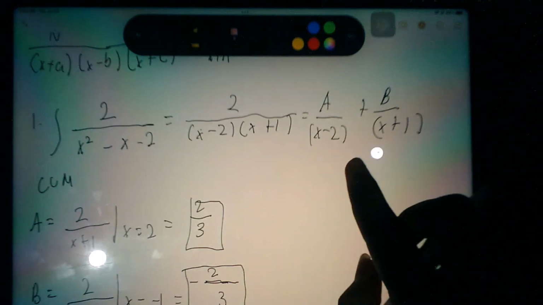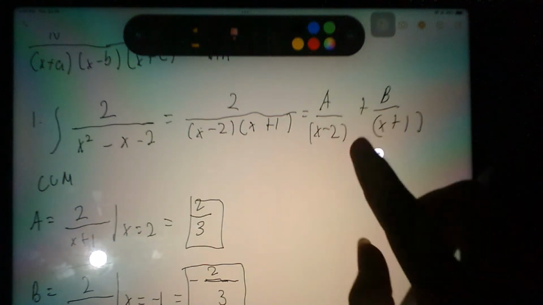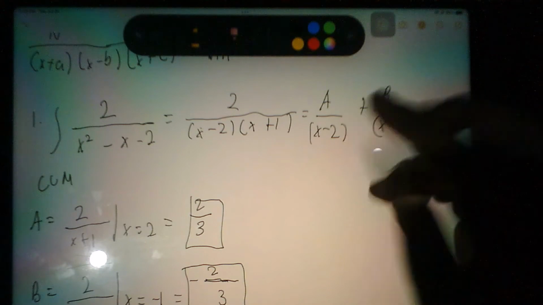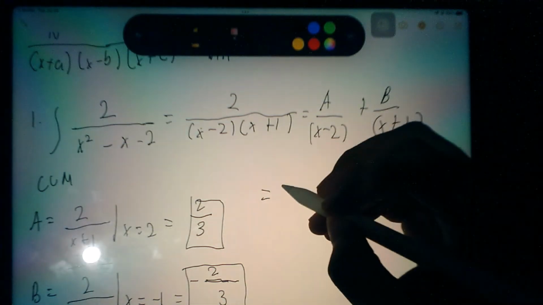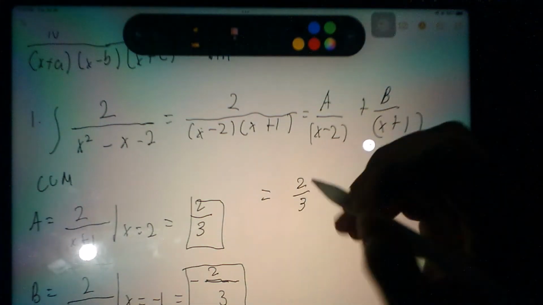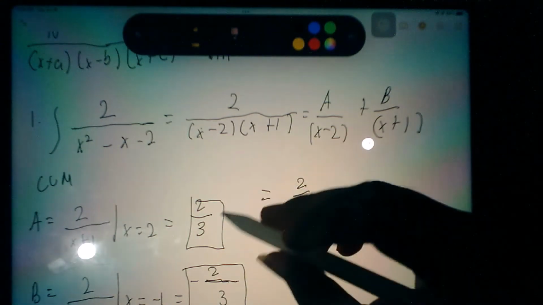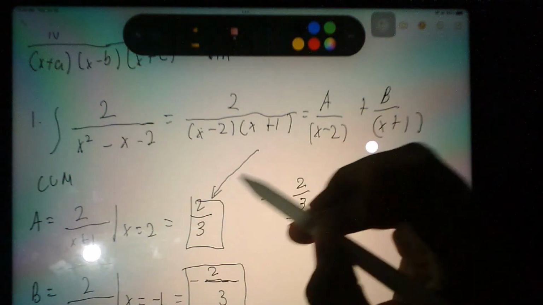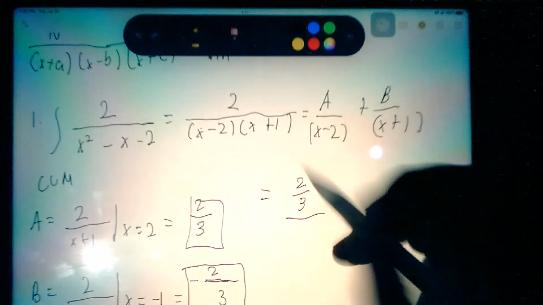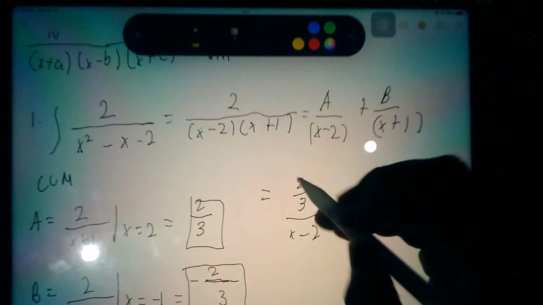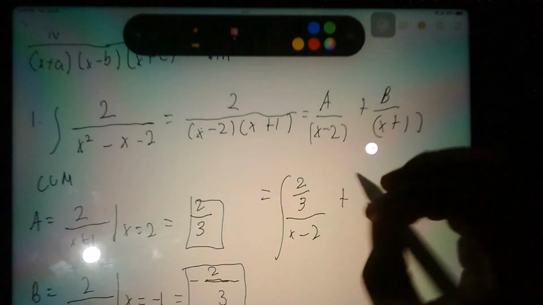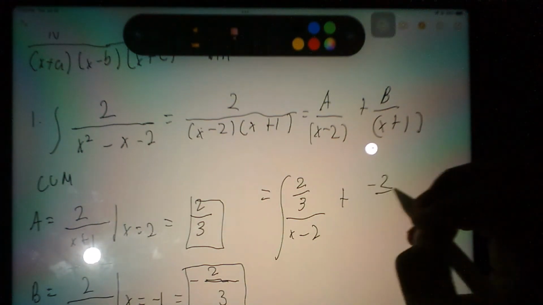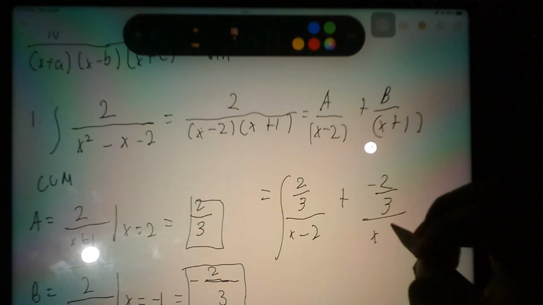Now we are ready to integrate. We substitute a here, because this represents our value of a: 2/3 over x minus 2, plus b, which is negative 2/3 over x plus 1.